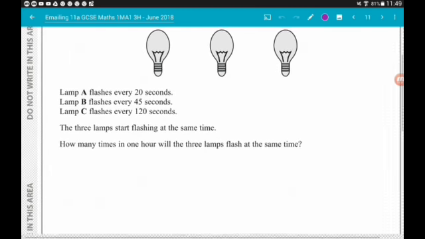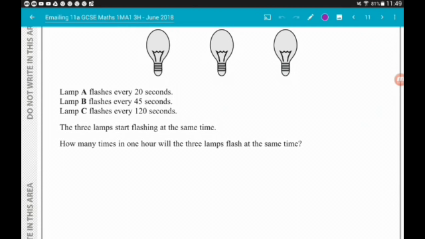So, lamp A flashing every 20 seconds and lamp C flashing every 120 seconds is not a problem. Every time lamp C flashes, lamp A is going to flash, because 20 goes into 120.